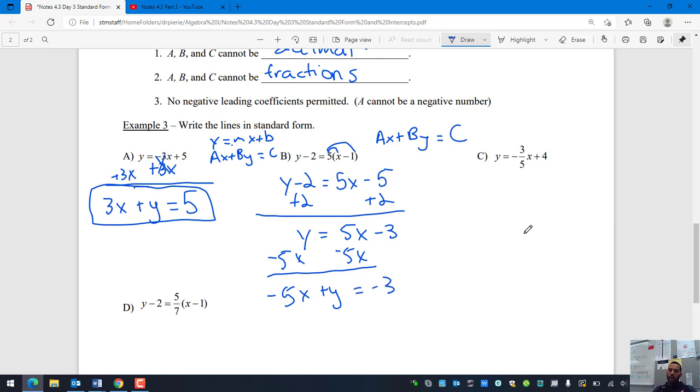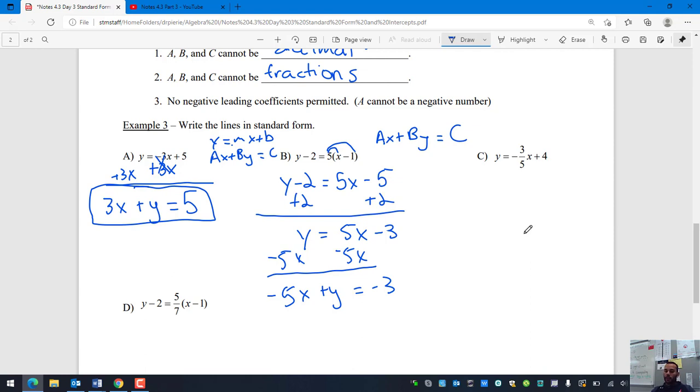Okay. So x and y are on the same side, and I don't see any fractions or decimals. So I'm good with the first couple things, but what I got to make sure now is that a cannot be a negative number. The number that's attached to x right now is negative. Okay, so watch how I get rid of this.